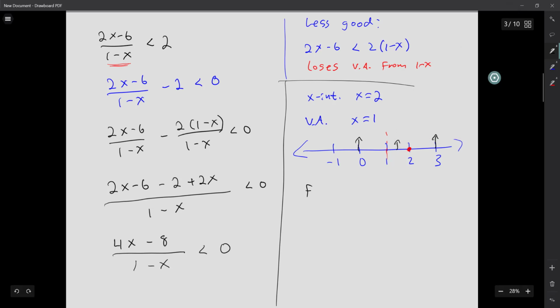So let's try this. F of minus 1, nope, what am I doing? My test point is 0. F of 0, I'm using my work down here. This will be 4 times 0 minus 8 over 1 minus 0, which is just minus 8. We get a negative number.